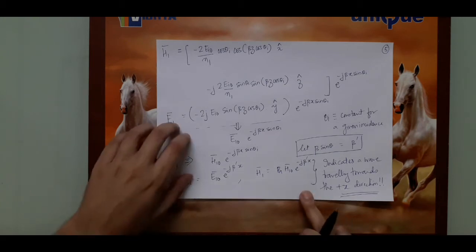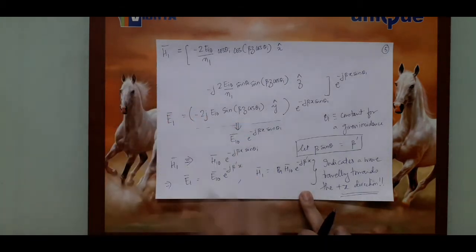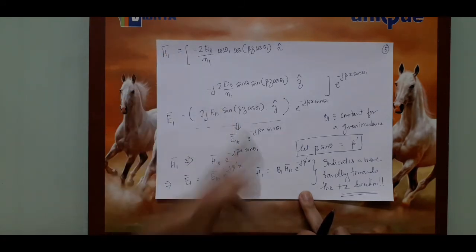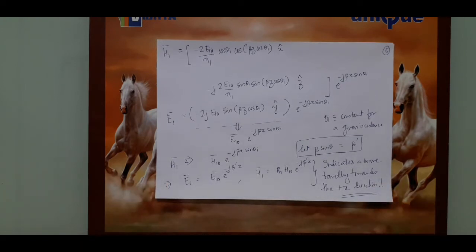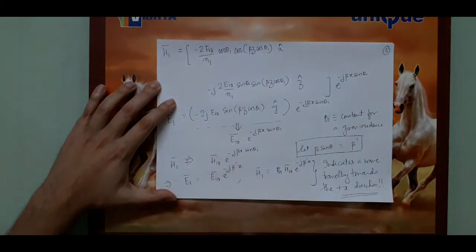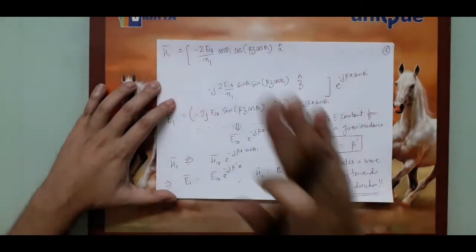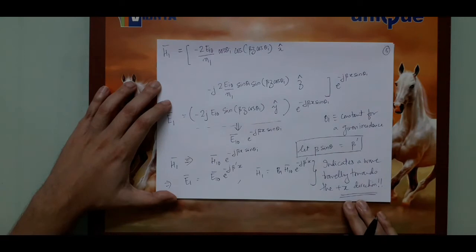So this wave is essentially traveling along the x direction. Now you may say, where is the relationship between the mod of EI by mod of HI0? EI0 by HI0 should be equal to eta. That is not being followed, but it's okay. That is the least of my worries, because the major factor, that the HI0 and EI0 vectors must be perpendicular to each other, is getting satisfied.